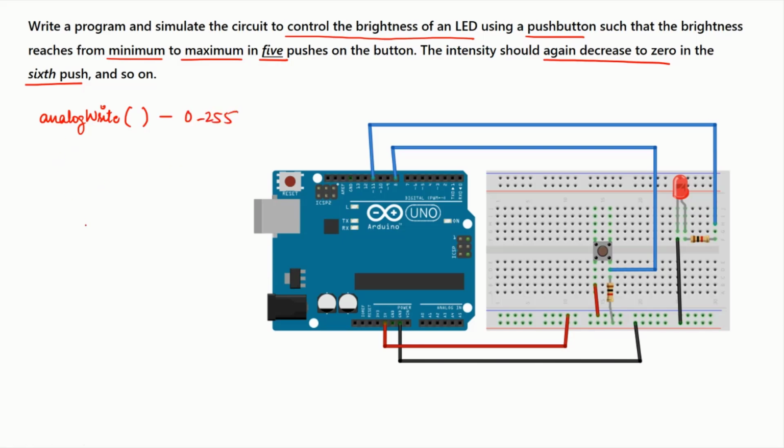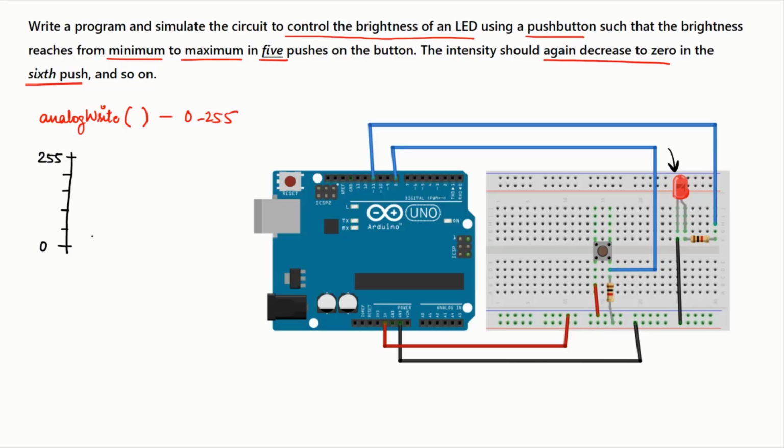So what the question says is that the circuit should be such that the intensity scale from minimum to maximum, which is fed into this LED, should be increased such that every time a trigger comes in the form of pressing a push button, it should increase the intensity by some interval, 2, 3, 4, and 5. So eventually in 5 steps, it should reach from minimum to maximum.